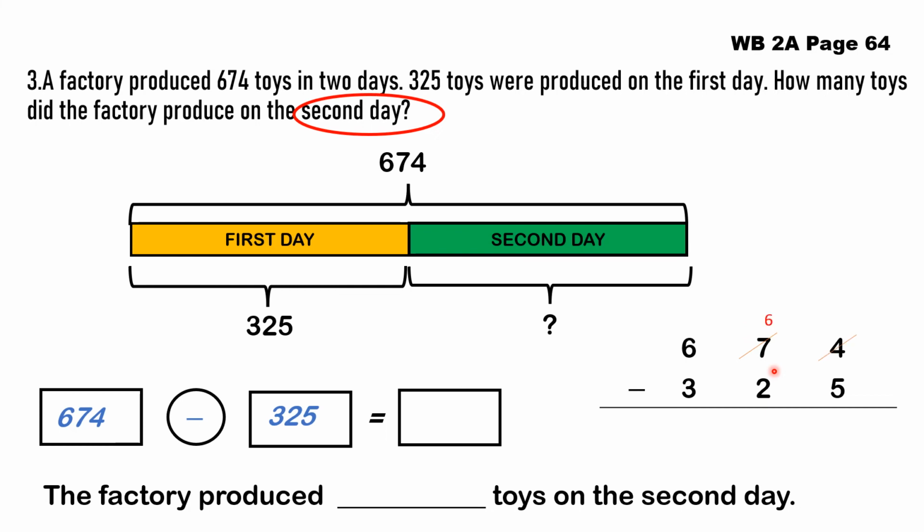So 7 will become 6 and 4 will become 14. So 14 minus 5 to get 9. And 6 minus 2 to get 4. And 6 minus 3 we get 3. So we have 349. So the factory produced 349 toys on the second day.